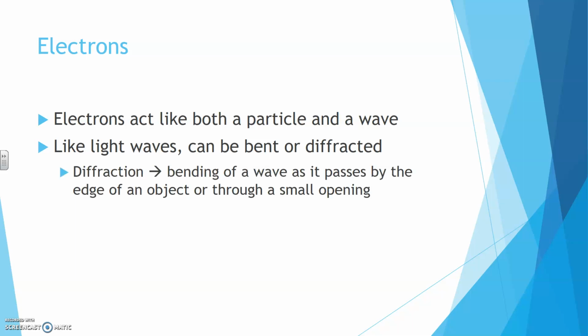Okay, so diffraction is the bending of a wave as it passes by the edge of an object or through a small opening. So if you look at an object, you can see its shadow, but you'll notice that the shadow has kind of two regions. There's that darker region, and then at the edge of that darker region, there's a more vague shadow. Okay, it's not as dark, it's still there, but it isn't as solid darkness.